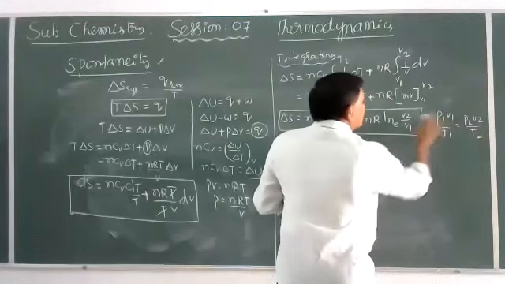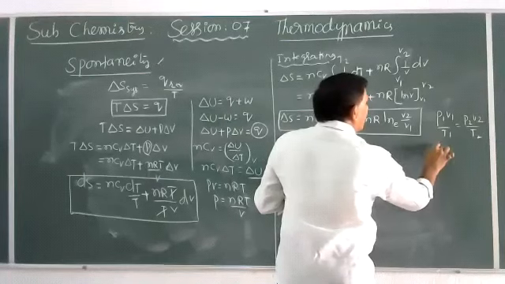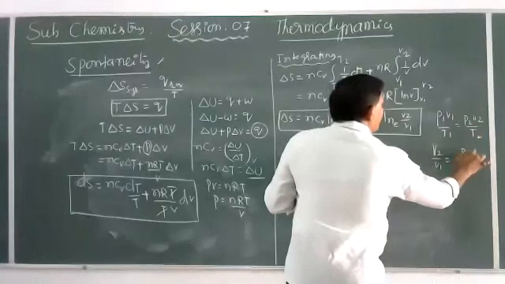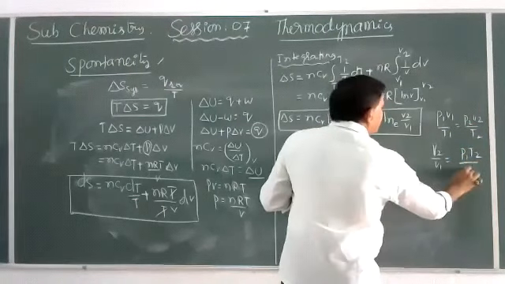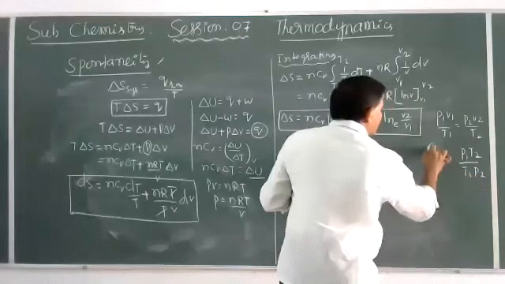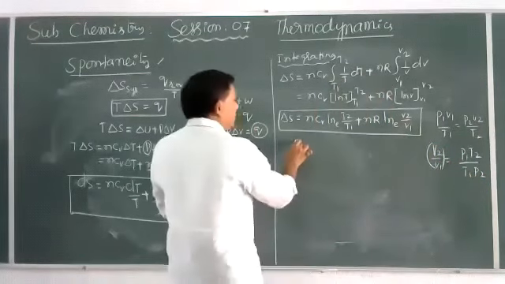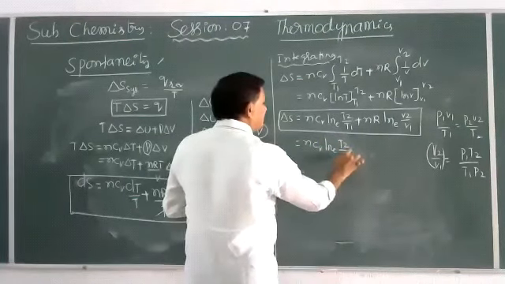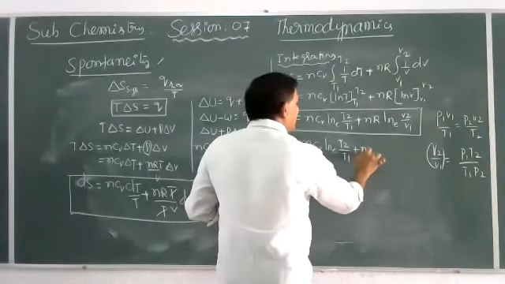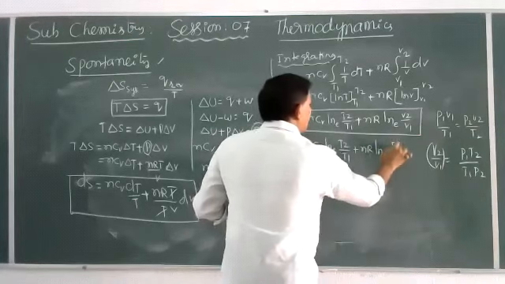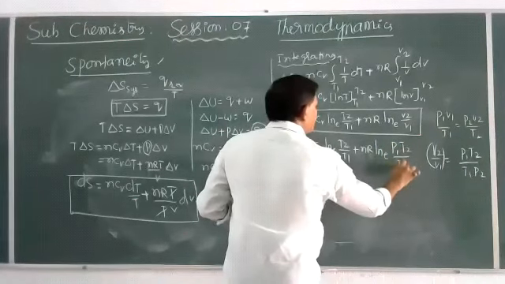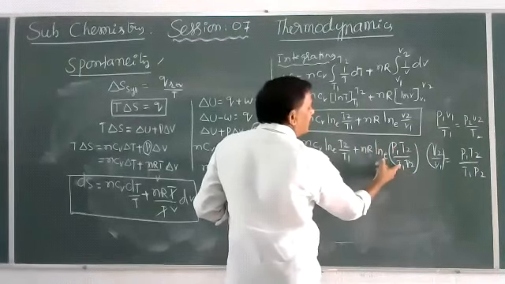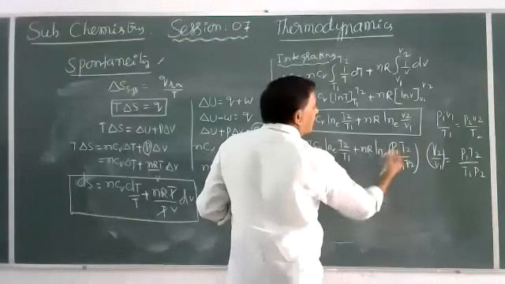Now, instead of V2 by V1, take V2 by V1 is equal to P1 T2 divided by T1 into P2. Instead of this value, substitute here. That is nCV ln T2 by T1 plus nR ln P1 T2 by T1 P2. This is the log A by B formula, and again the log A into B formula.